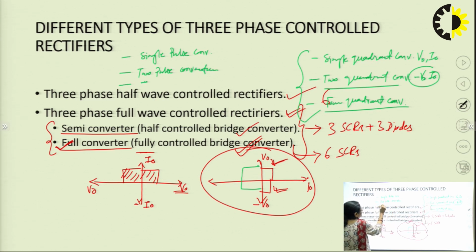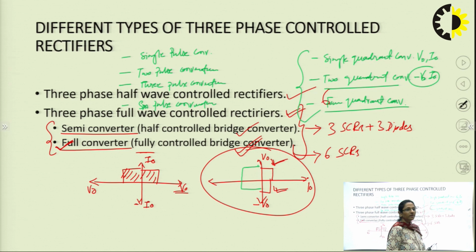I can have 3 pulse converter. I can have 6 pulse converter. I can have 12 pulse converter as well, but our 12 pulse converter is actually going to be the connection of two 6 pulse converters.